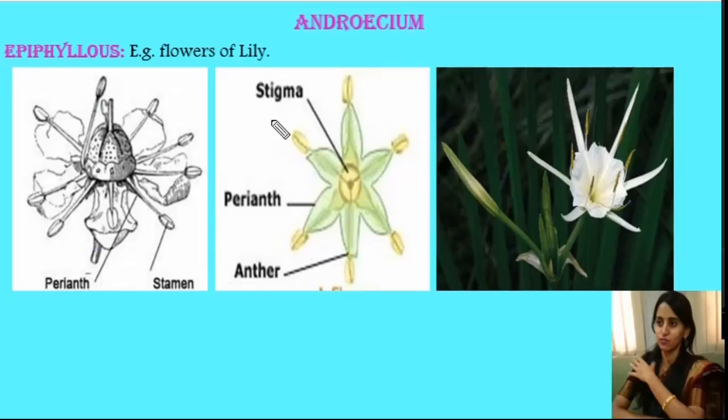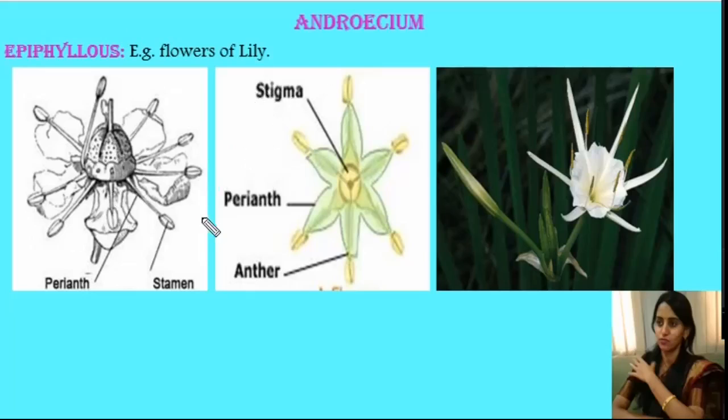The second term we need to learn is epiphyllous stamens. What are epiphyllous stamens? Dear students, in some of the flowers, we cannot differentiate calyx and corolla. Such a condition is known as perianth. So in such flowers, the stamens are attached to the perianth. You look at this flower.